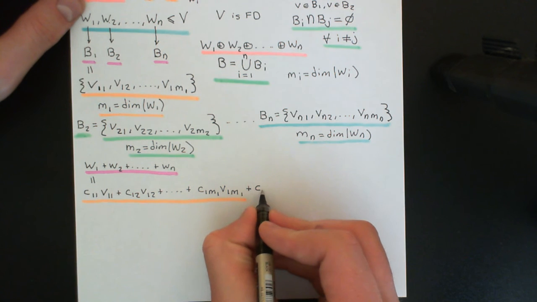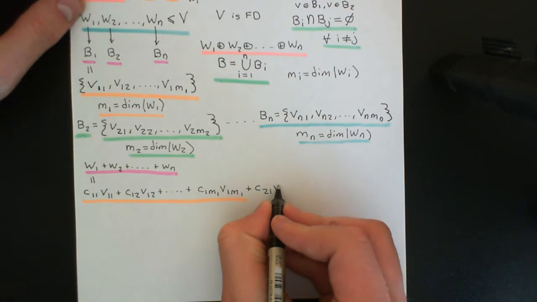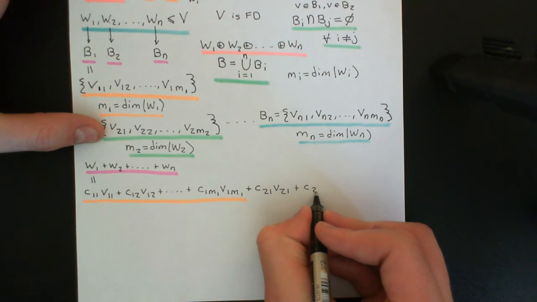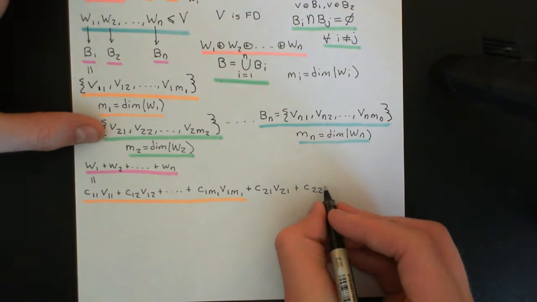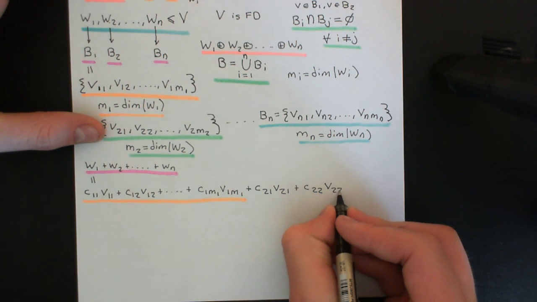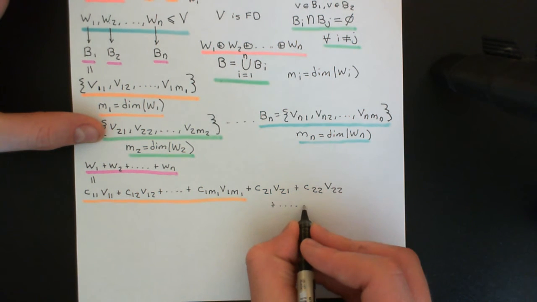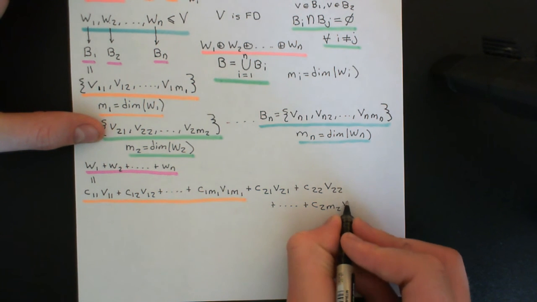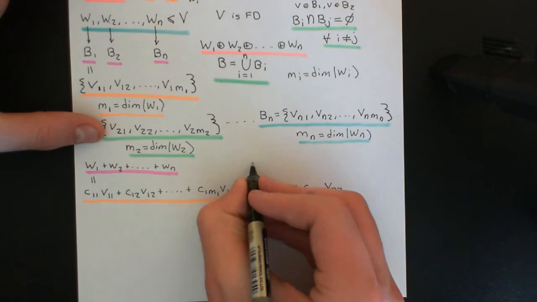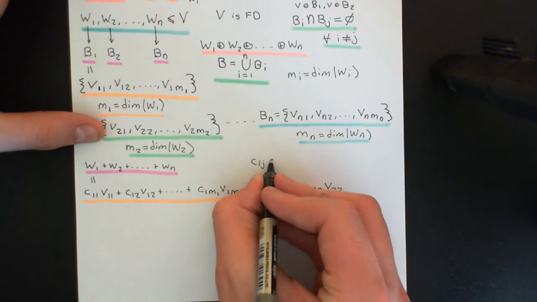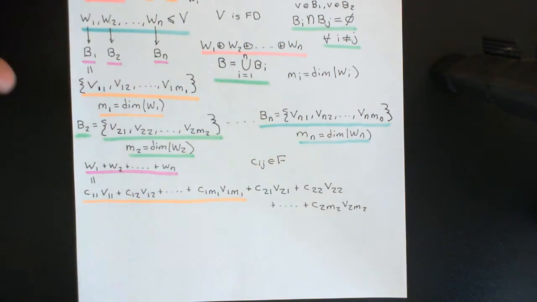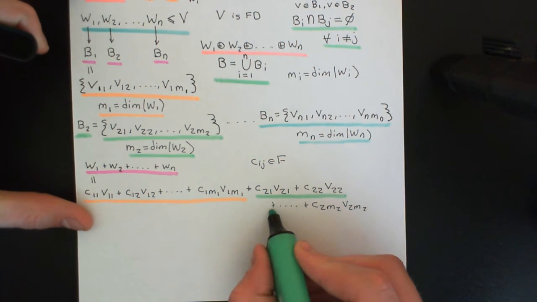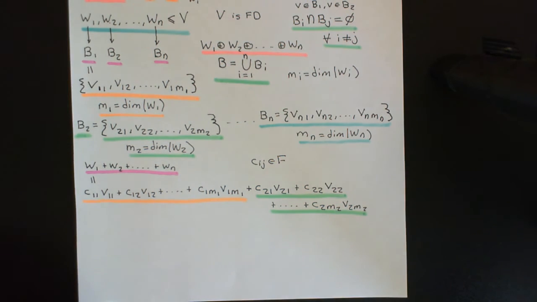It'll be c21 times v21 plus c22, again sticking with the same indexes, v22 plus all the way up to c2m2 v2m2. And all of these cij's are going to be elements of the field. I'll just remind you of that. So there we've now added in little w2 here, and then we'll continue on.